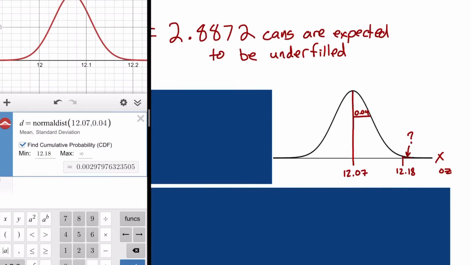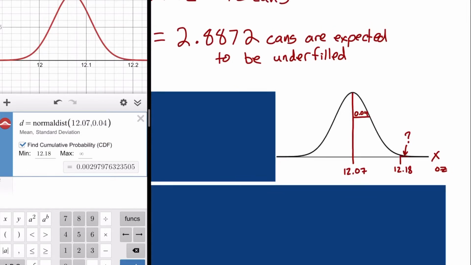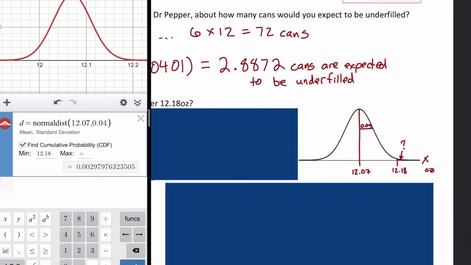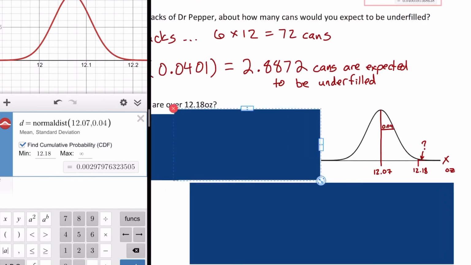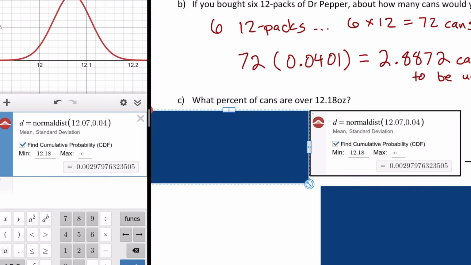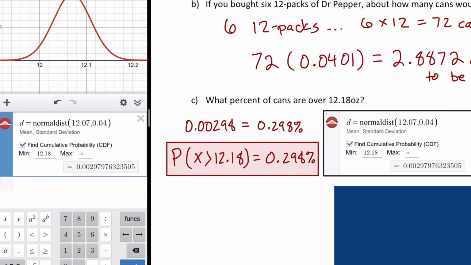So notice I get 0.00297. So I end up with a pretty small number. If I convert this to a percent, we end up with 0.298%. So very, very tiny chance that I would get a Dr. Pepper that is that full.